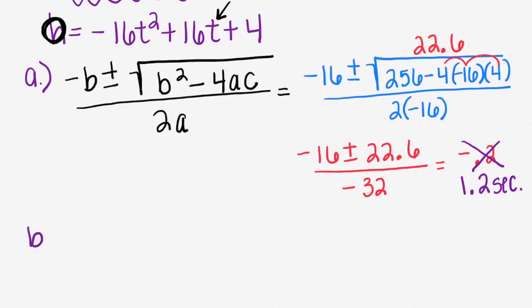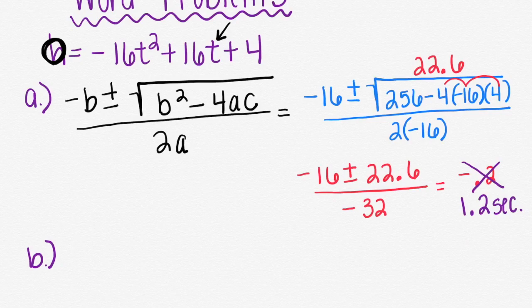Now part B, we're going to solve this a little differently. It says, how long does the ball remain in the air above 4 feet? Okay, I want you to look at the equation again. Now, I want you to think about this. Above 4 feet. Well, it starts at 4 feet. So what they're literally saying is, if it's talking about being above 4 feet, that means as if you go back to the original starting point.